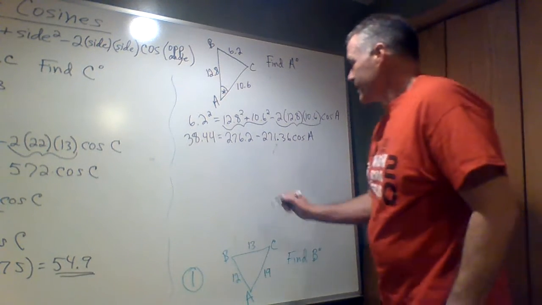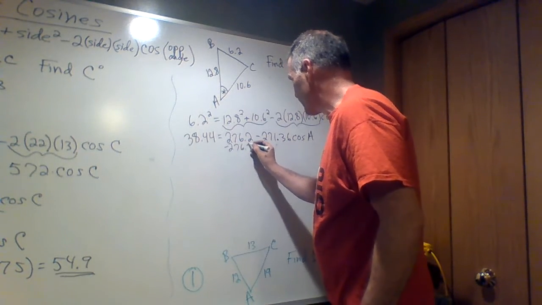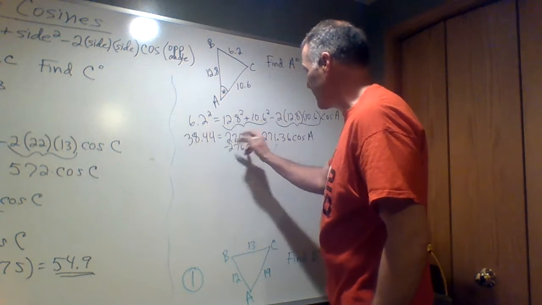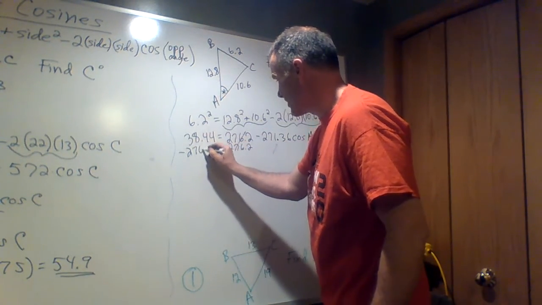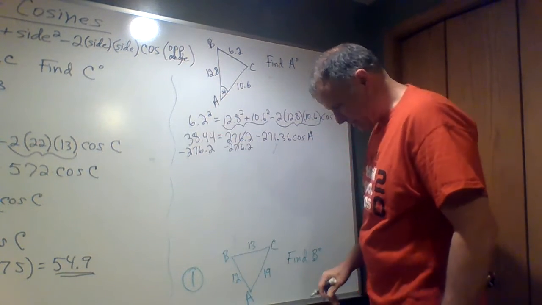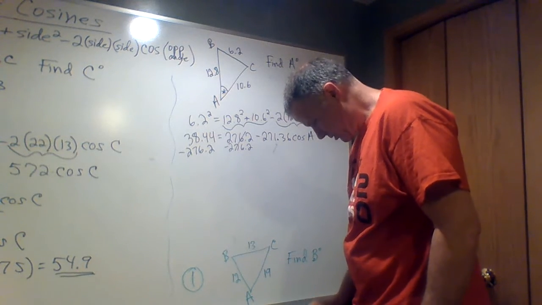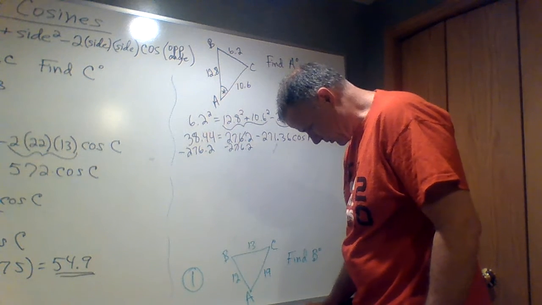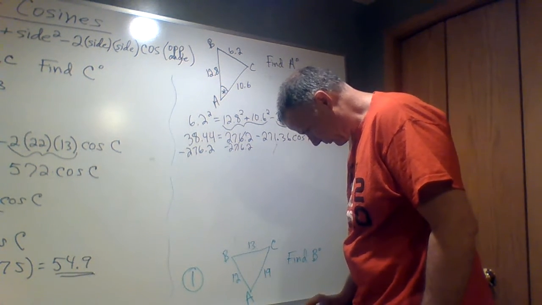Now from here, remember, this is like solving an equation. Get rid of that. Remember, that minus is on the 271, so that's positive. So you've got to do minus 276.2. That's a weird one, but on your calculator, it's not a big deal. 38.44 minus 276.2.